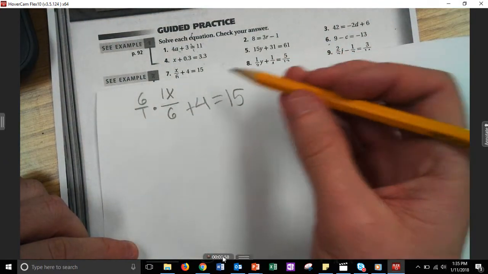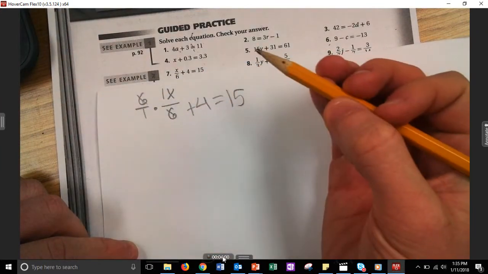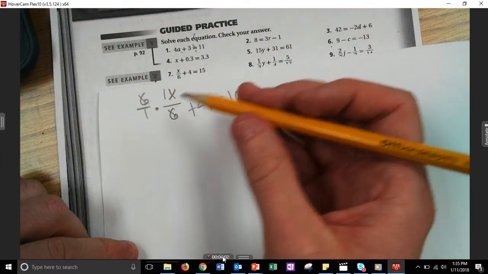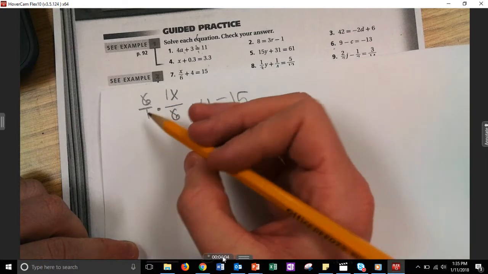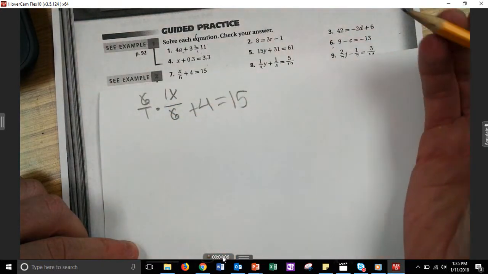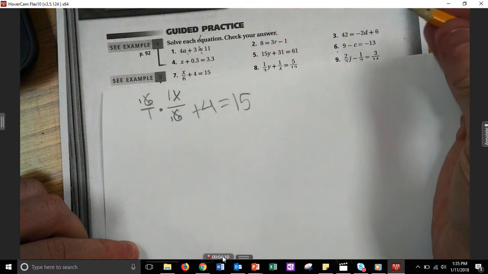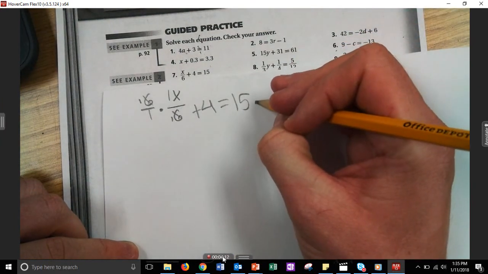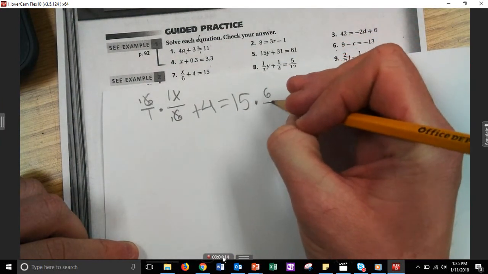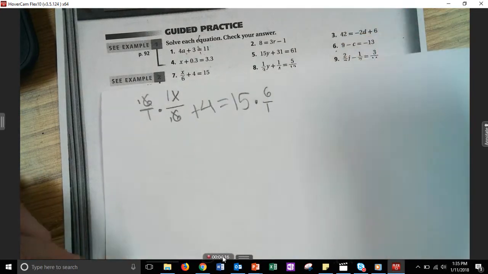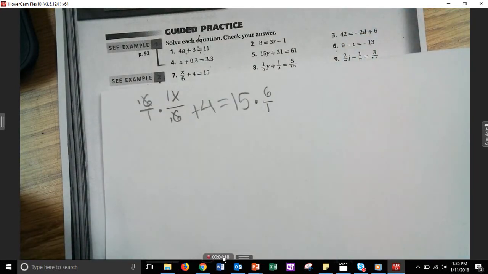So now that we do this, you can cross out the 6's when you cross multiply, because if you do 6 times 1 over 1 times 6, you'll just get 1. So 1, 1. And then what you do to one side, you ought to do the other. So we multiply it by 6 over 1, which is the same thing as times 6.